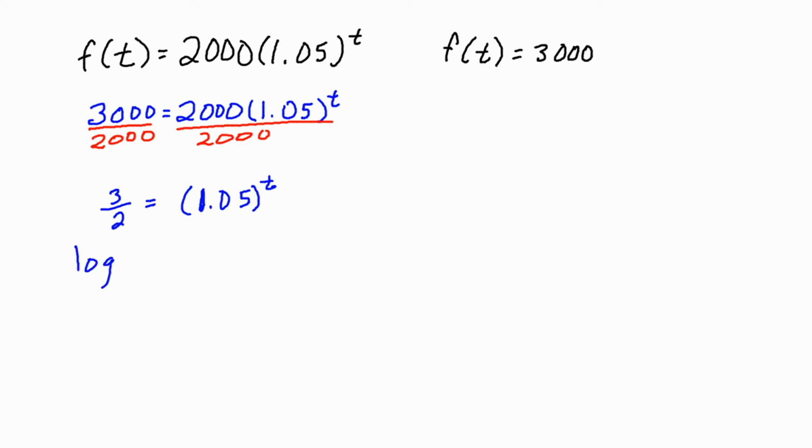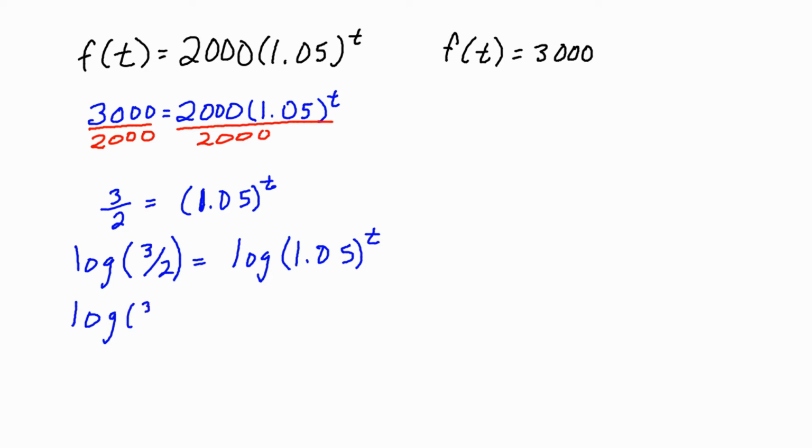So the log of 3 over 2 equals log of 1.05 to the t power. Using our power rule, that means we can write the t in front. Log of 3 over 2 equals t times log of 1.05.